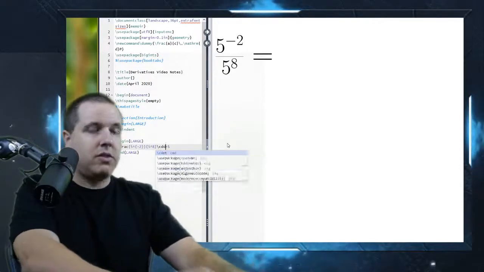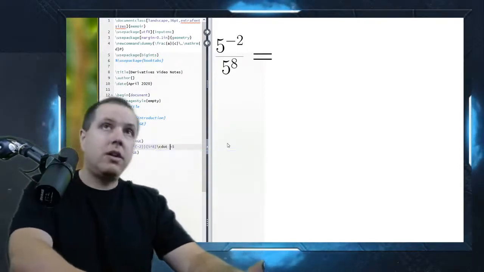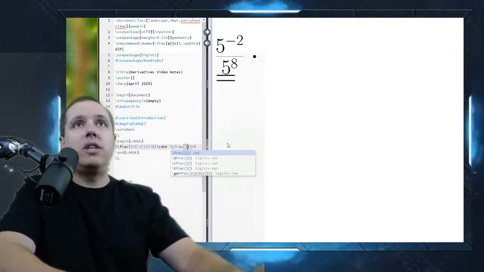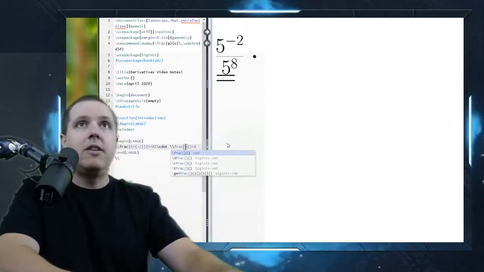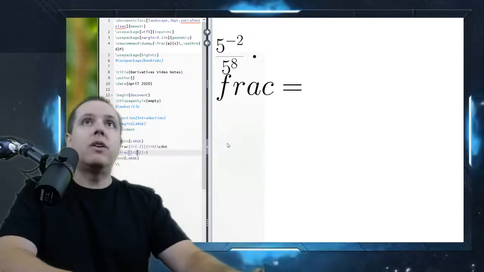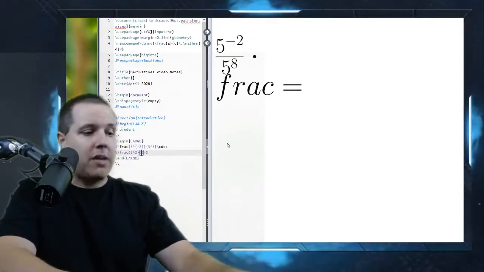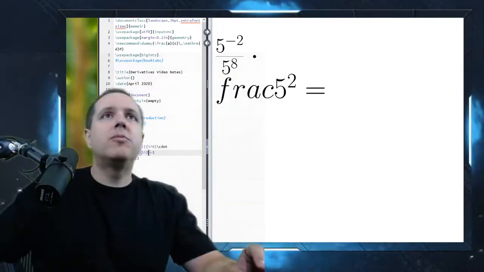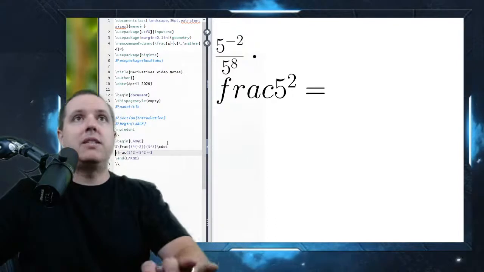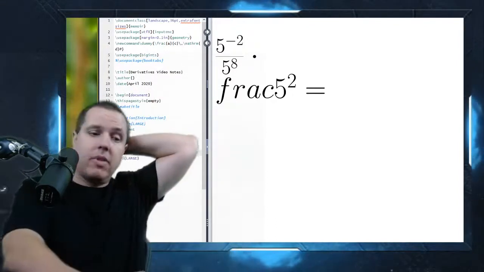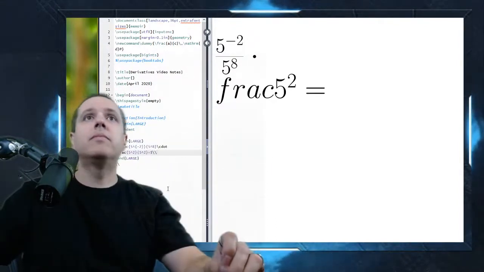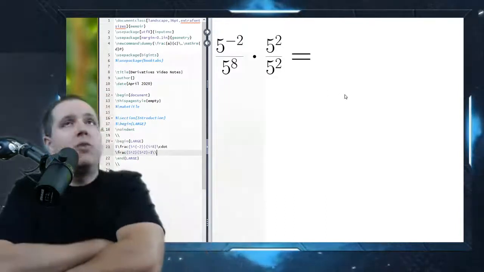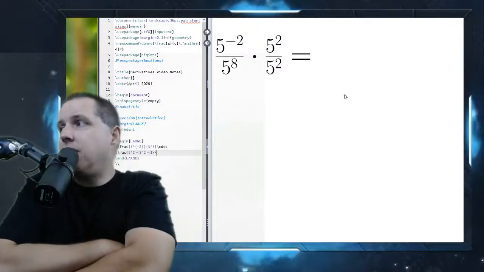What we're actually doing here is taking 5 squared and multiplying by 5 squared over 5 squared. So we're taking our original, and this is the algebra that a lot of people don't write.